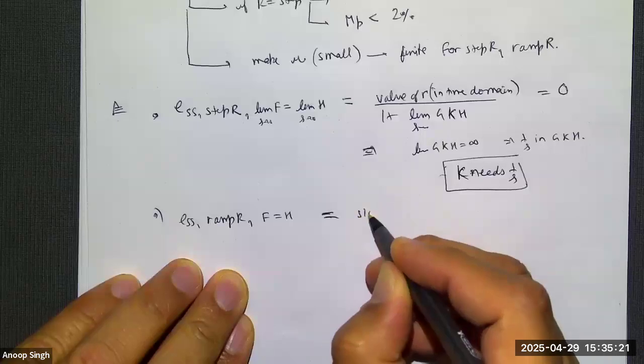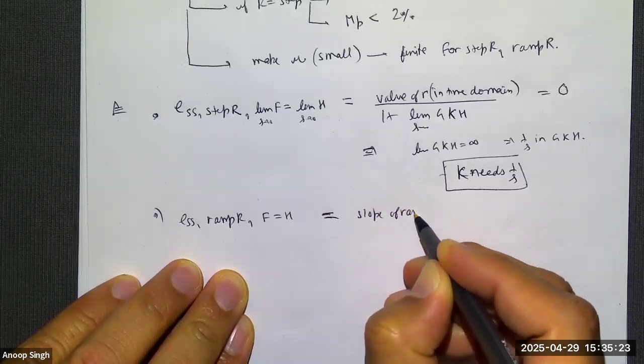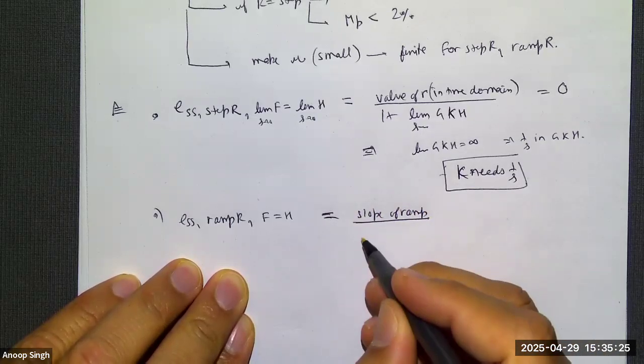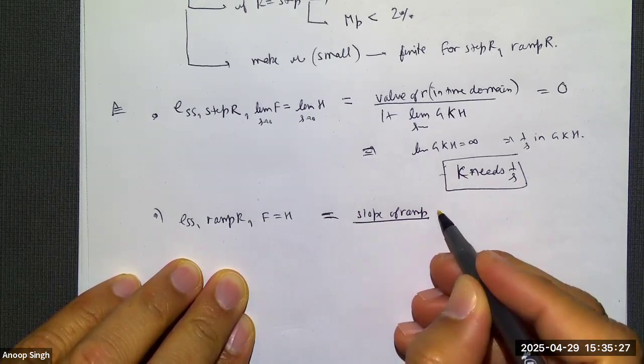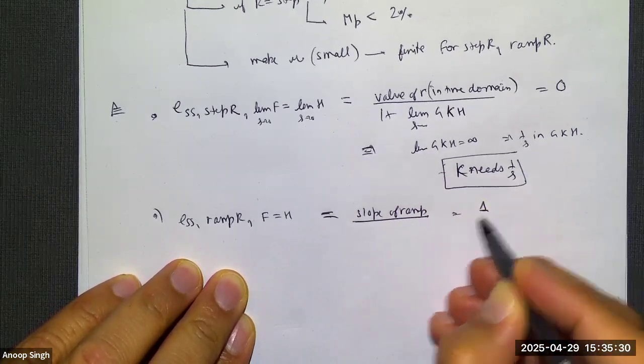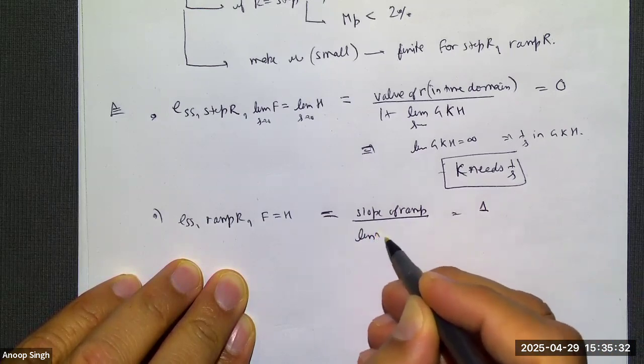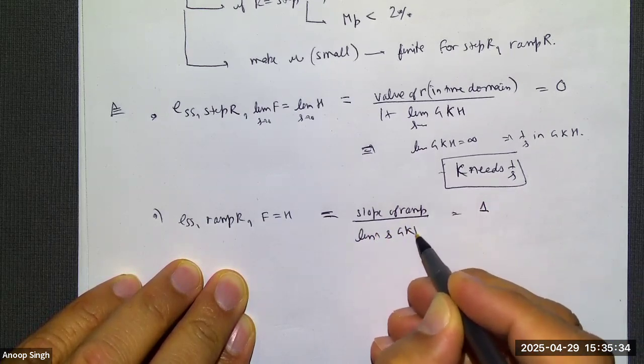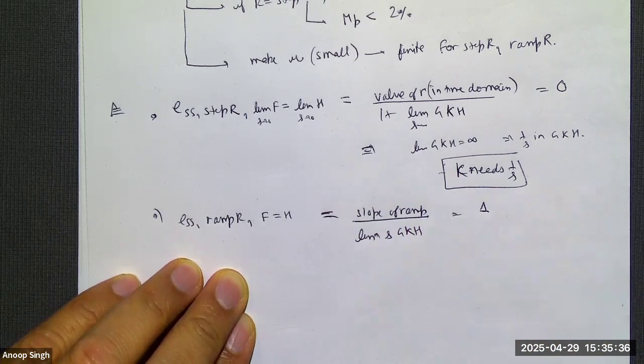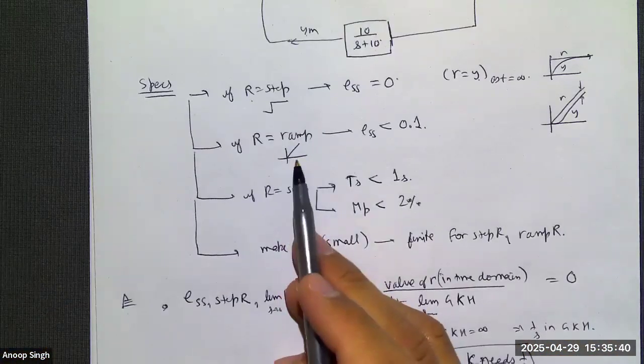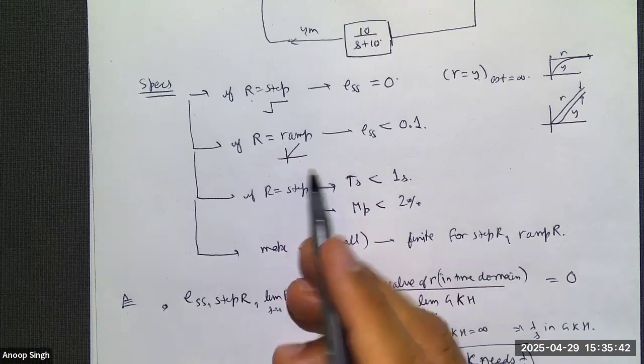So this would be equal to the slope of the ramp, whatever it is, divided by, which by default is 1, divided by limit of S times G times K times H. That's your formula. If there's no slope given, the default slope is 1.